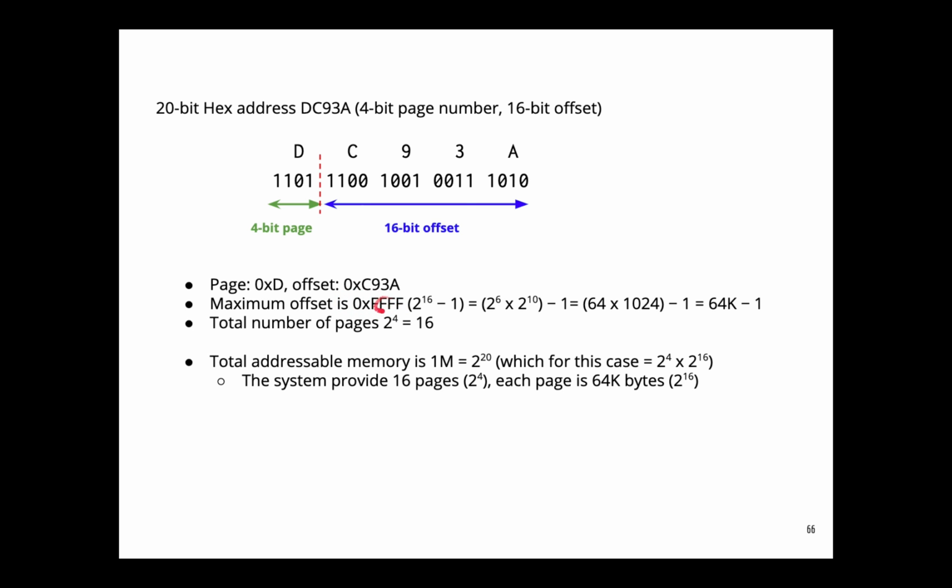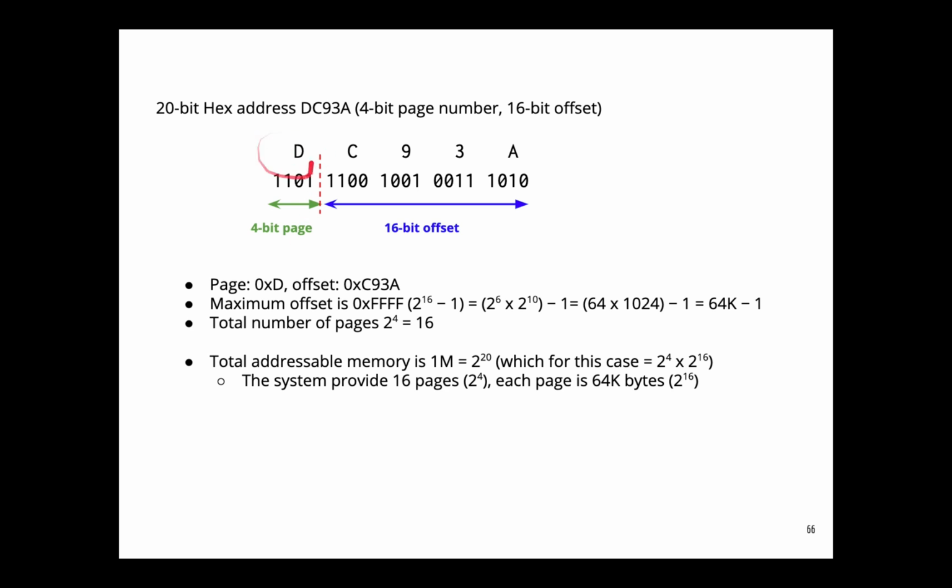If we add 1 to this number, what we get is 10000 in hex, so 1 followed by 4 zeros in hex, which is 1 followed by 16 zeros in binary. So that's why we see 2 to the power of 16 minus 1.